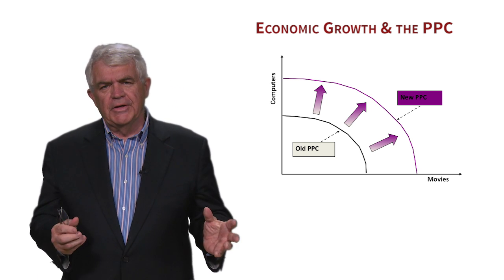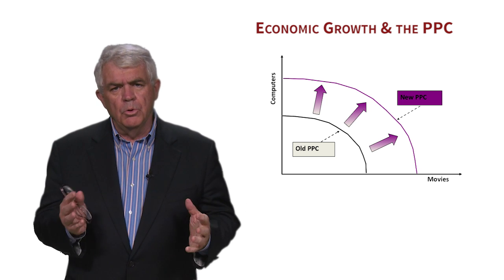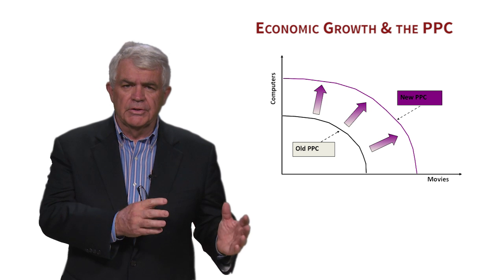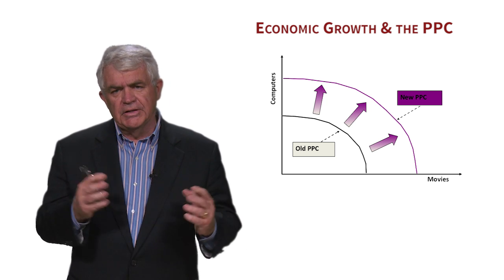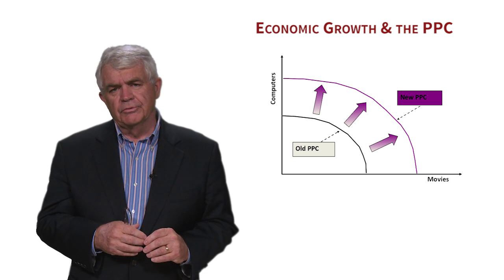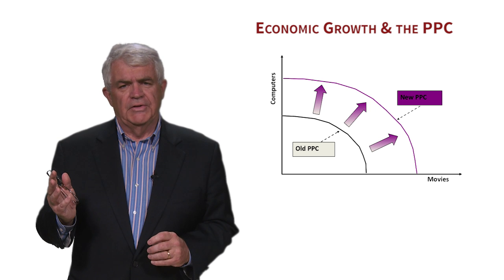And what economists have found is investment gets you to move that production possibility curve out more than consumption. Consumption doesn't really lead to much more growth, whereas investment will. So if you choose a point on this graph, and let's think about the movies as representing consumption, and you pick a point on this graph, which is a lot of movies and not much computers, then that graph's not going to shift out very much.